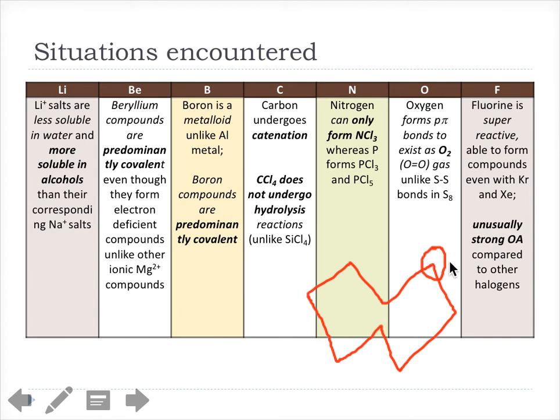As you can see within this structure, S8 is actually a crown that is held together by single bonds. There are no double bonds present in sulfur. So this is how it is. Oxygen is unique from cases like sulfur and some other elements within group 16.